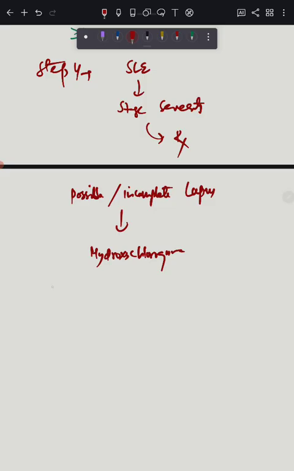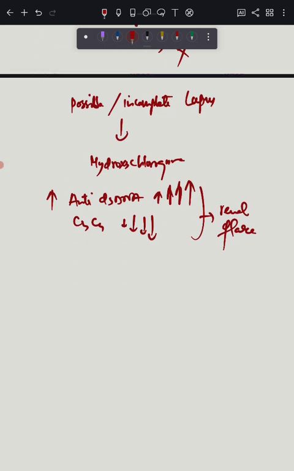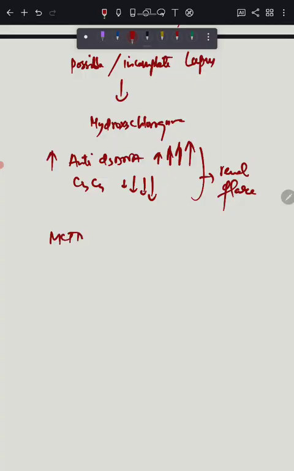So if the anti-dsDNA titers are rising and C3 C4 levels are falling, this could mark a renal flare. And in seronegative but typical cases, you have to recheck with indirect immunofluorescence and the ENA panel, and you also have to think of mixed connective tissue disease, Sjogren's and drug-induced lupus.